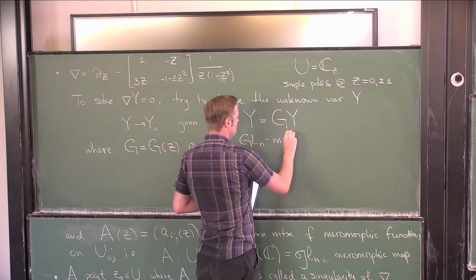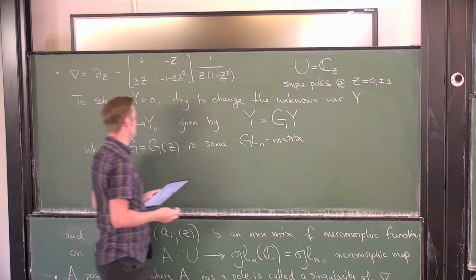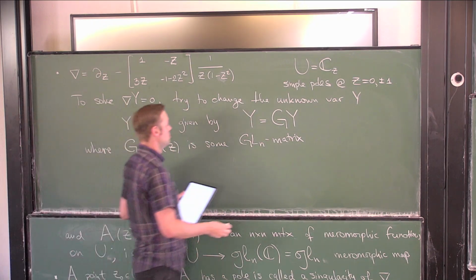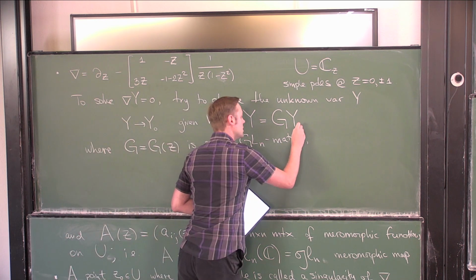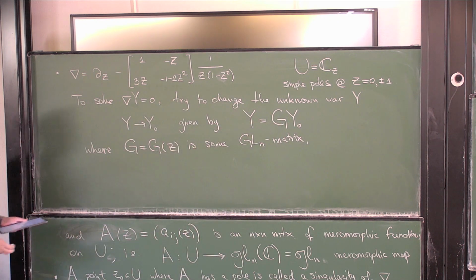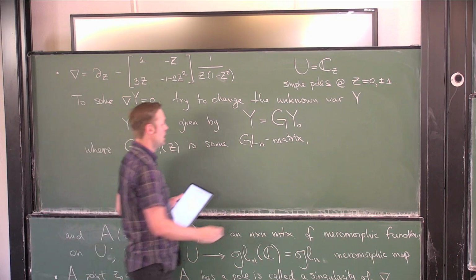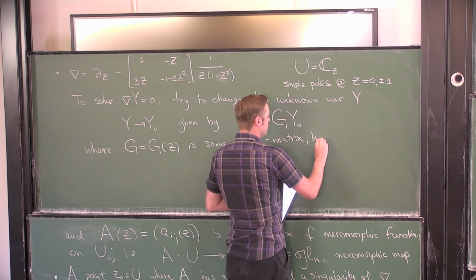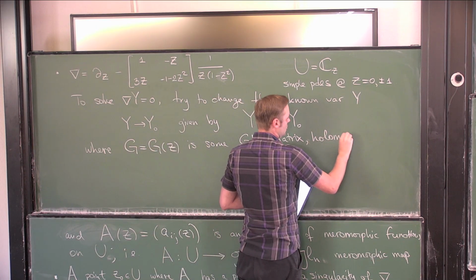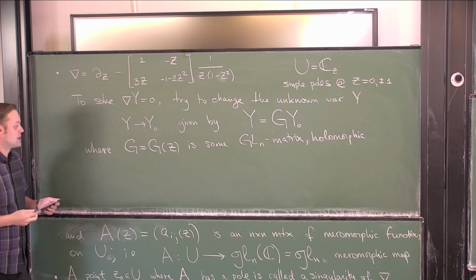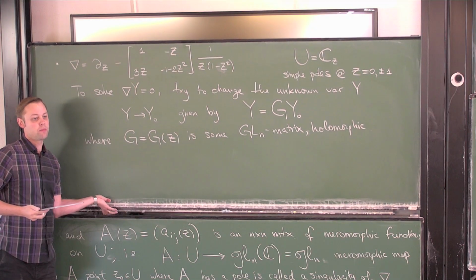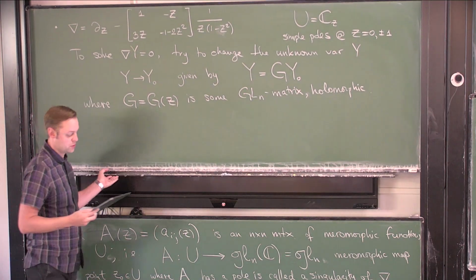So invertible matrix. And sorry, there should be a naught here. And holomorphic. Because if I'm trying to recover holomorphic solutions, I would like to ensure that whatever transformation I apply to these holomorphic solutions is also holomorphic.